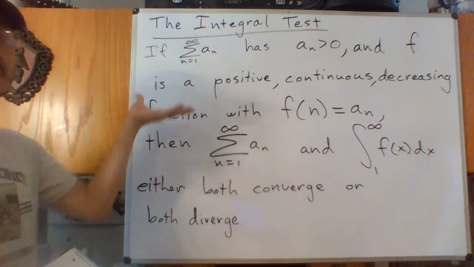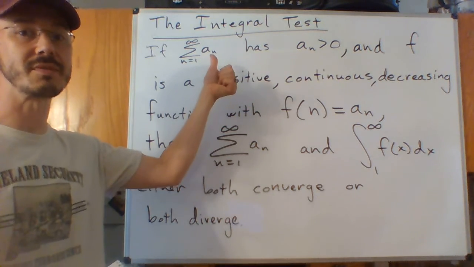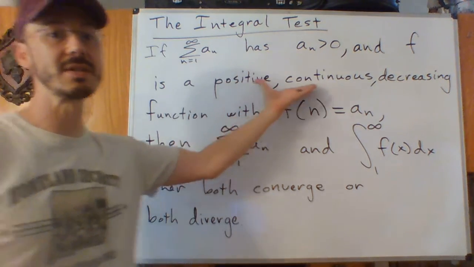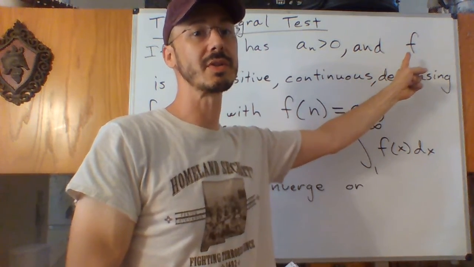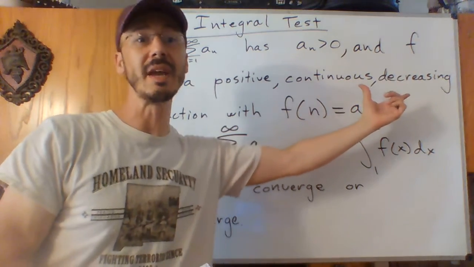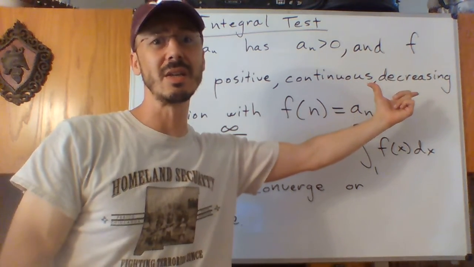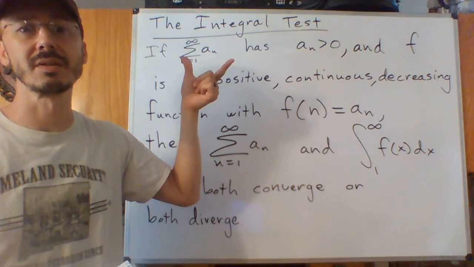Now, this seems really specific, but a lot of terms of series have these properties when you write them as a continuous function or a function of a real variable: positive, continuous, and decreasing. If they weren't decreasing, they're not going to converge. You could use the divergence test.